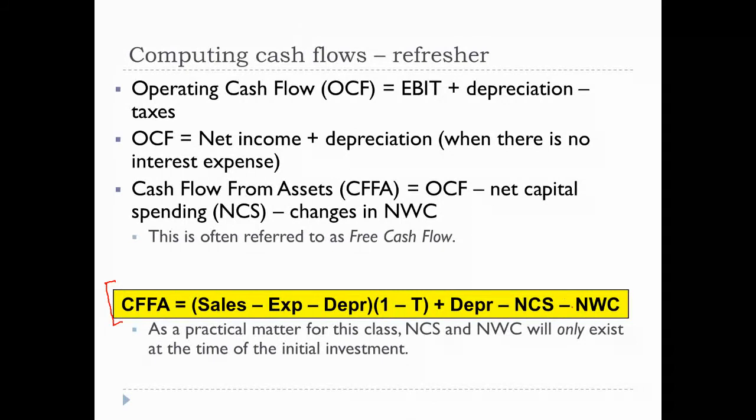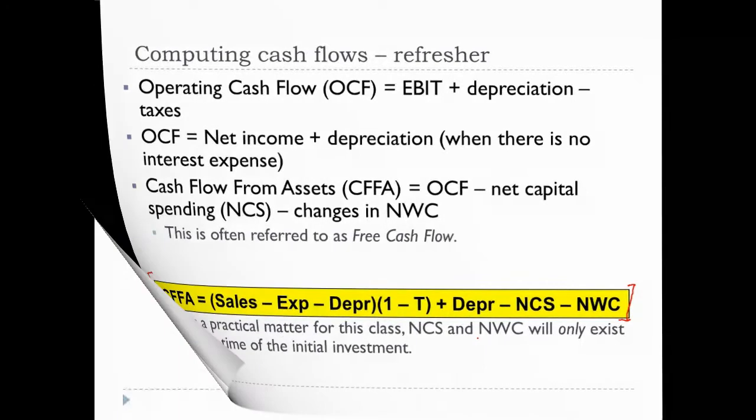It's not super brief, but it is a somewhat brief formula that you can use to calculate cash flow from assets, which is the total incremental cash flow resulting from the operation of the proposed investment.